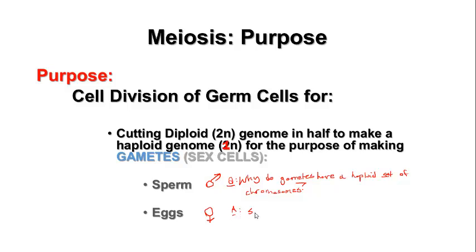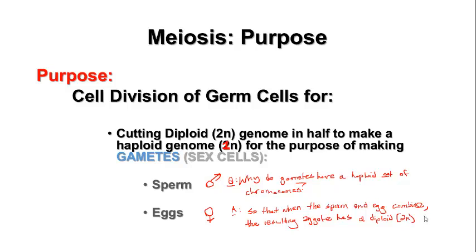Your answer is that when the sperm and egg combine in a process that is referred to as fertilization, the resulting zygote, remember we all started off as one zygote, has a diploid or 2N set of chromosomes.